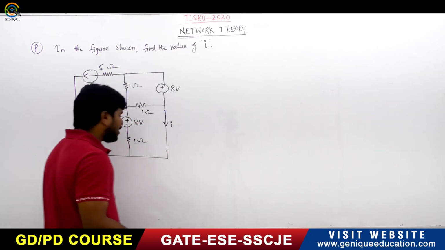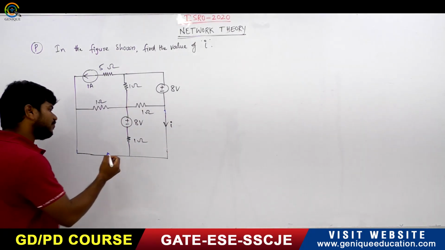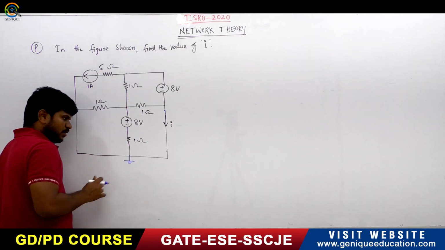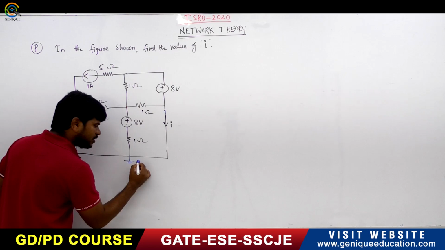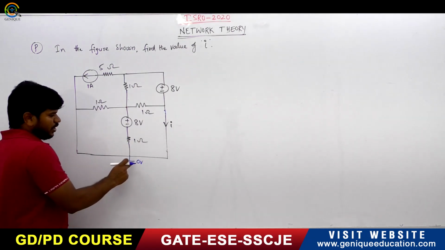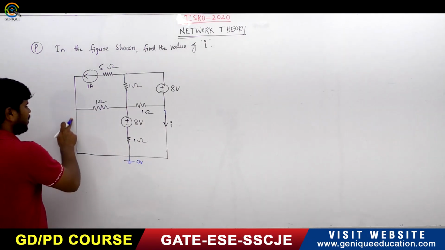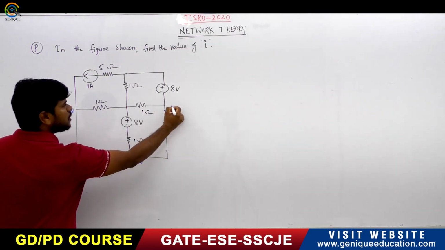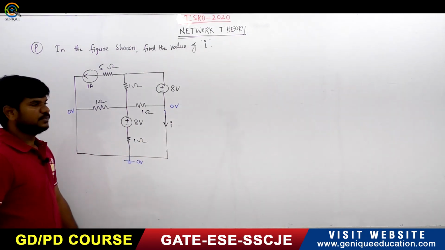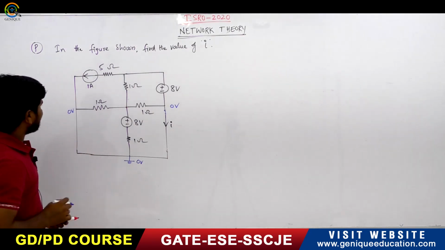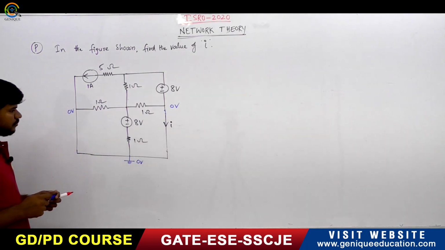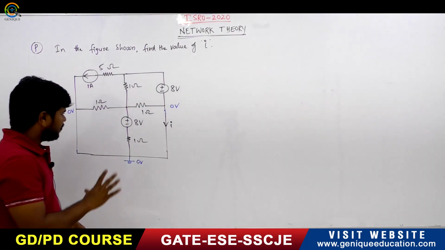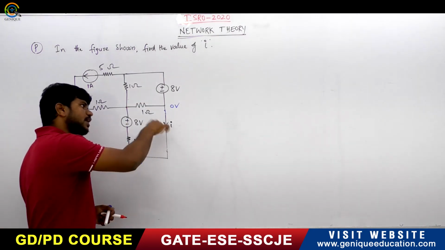You will come to know the use of assuming this reference. So this is a ground, so it is 0 volts. If it is 0 volts, what about this? It is also 0 volts, right? So all these nodes are shorted. So now we have to find the current in this.